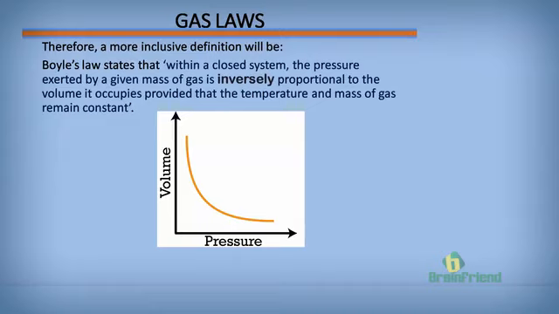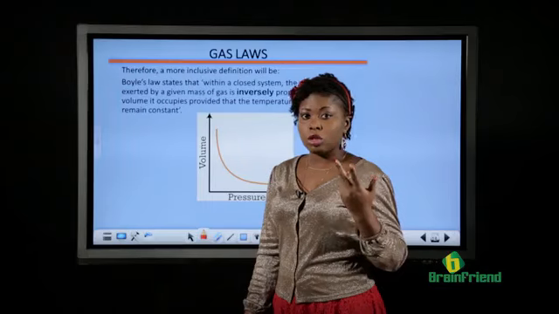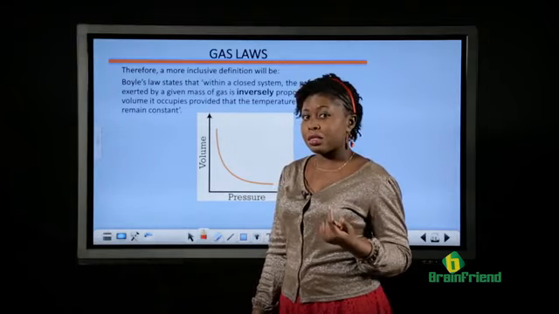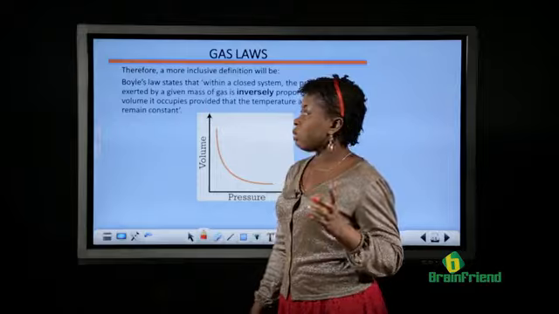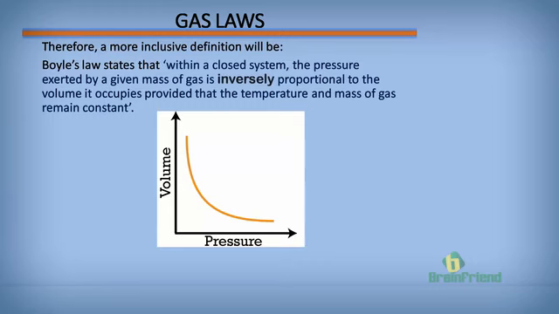Now, let us look at a more inclusive definition of Boyle's law. We have said that two variables, temperature and number of moles, or mass of the gas molecules, will be constant, while the variables that change are the pressure and volume.